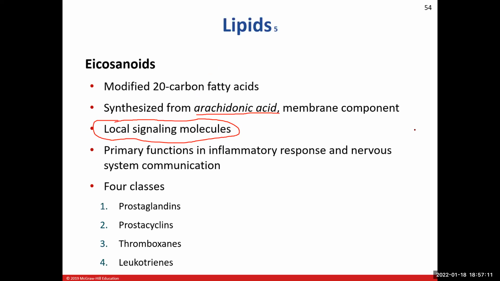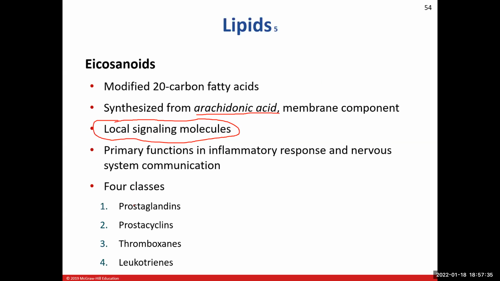Arachidonic acid is one of the components there in your phospholipids. And so what will happen is if there's damage to the cell, arachidonic acid will undergo some chemical reactions, and as a result of these chemical reactions, it will produce eicosanoids.